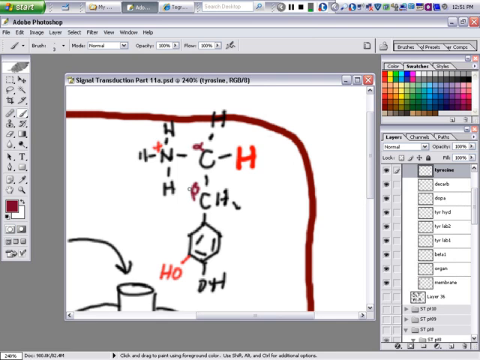Now we only have one more step to go to make norepinephrine. This is dopamine. I'm going to redraw it here.